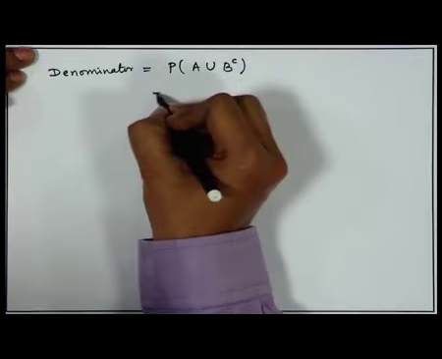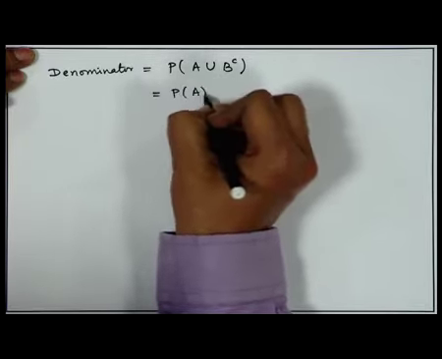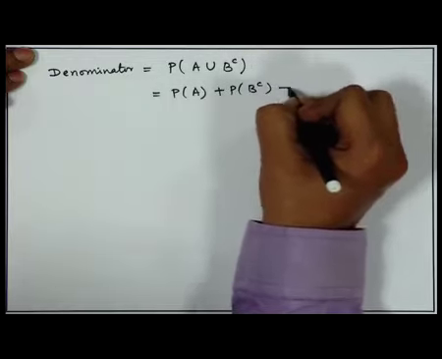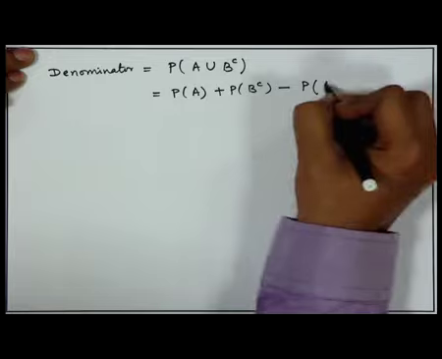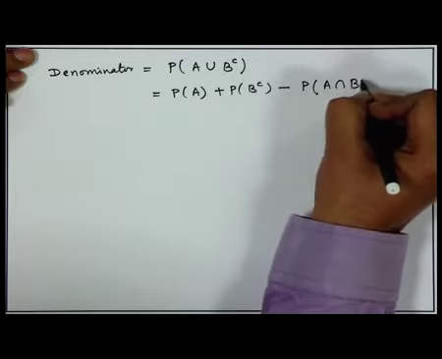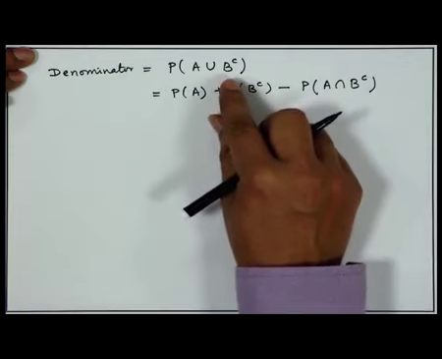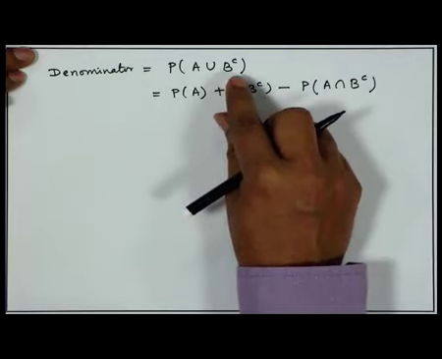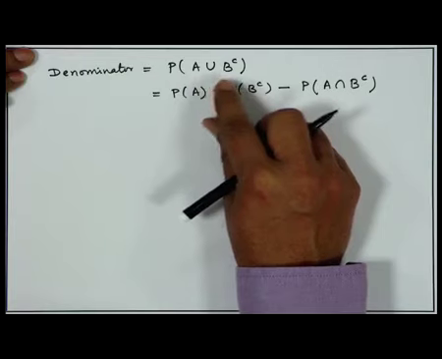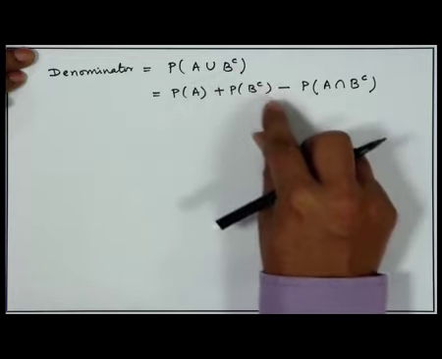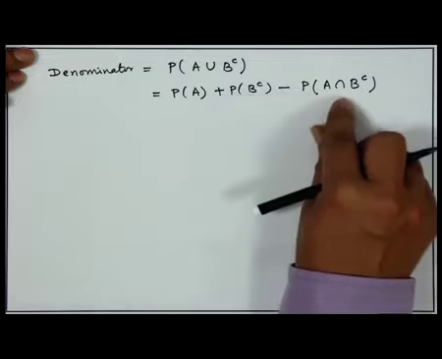So, this is equal to probability of A plus probability of B complement minus probability of A intersection B complement. You can actually see that in the formula for the addition rule, I have written the formula probability of A union B. So, here B is replaced by B complement. So, there is no difficulty in writing down this term.